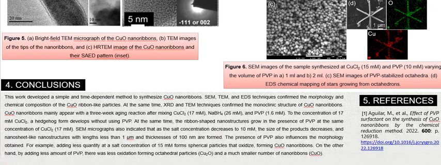For example, adding a smaller quantity at a salt concentration of 15 millimolar forms spherical particles that oxidized, forming cupric and cuprous oxide nanoribbons. On the other hand, by adding a lesser amount of PVP, there was less oxidation, forming octahedral particles and a much smaller number of nanoribbons.